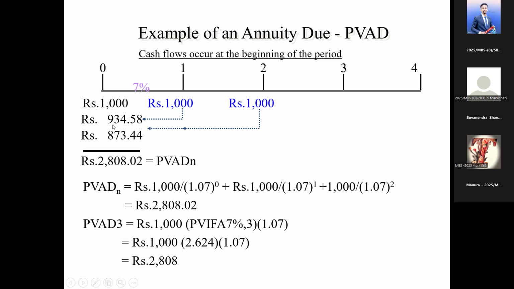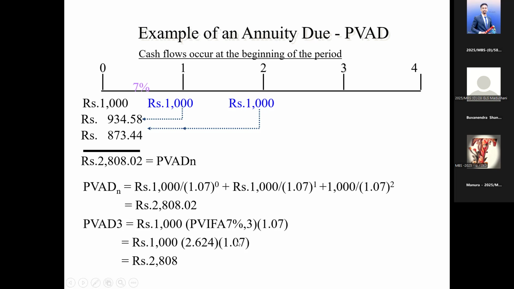So if you add these cash flows, the present value of the annuity due becomes 2,808.02. So if you take the annuity due table, you can see 2.808 is the annuity factor. You can multiply that directly. Or if you take the ordinary table, you need to use this value, 7%, 3 years, times 1.07.